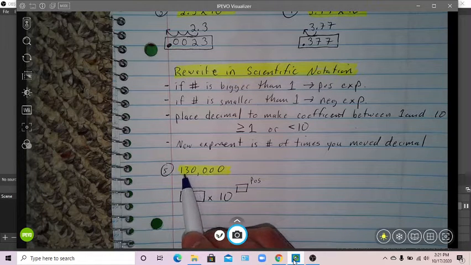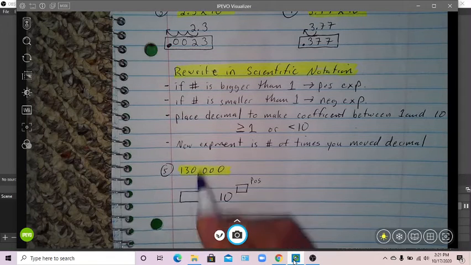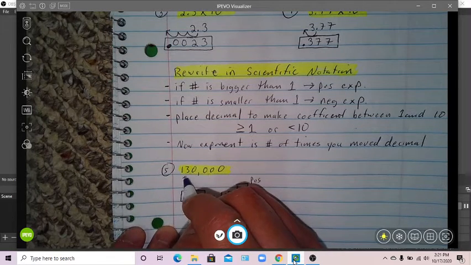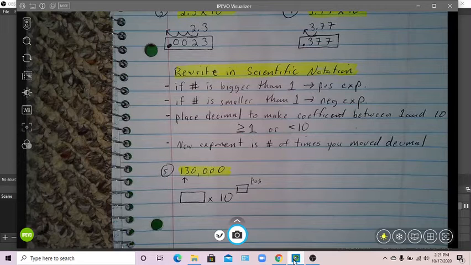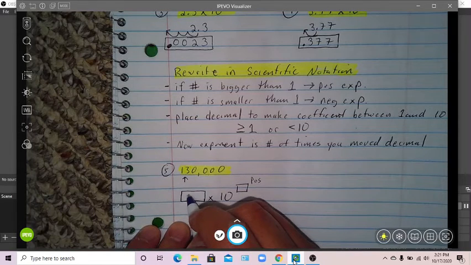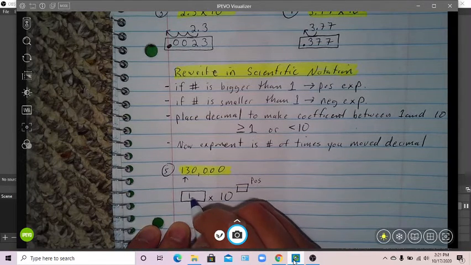If I place it between the 1 and the 3, I'll have 1.3, which is bigger than 1 and smaller than 10. That's where I want it. So what I'll put is 1.3.